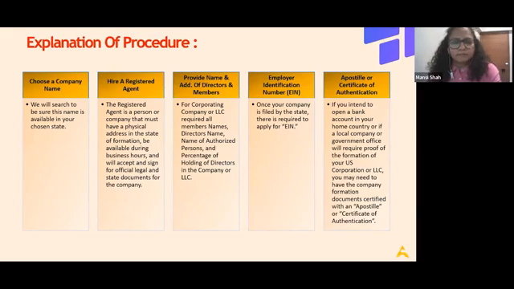Okay, a brief idea: choose the company name. This is again part of the process we are discussing, that we have to make sure the name is available with the state, because the only criterion to get started with state incorporation is whether the name is available or not. Then registered agent, director's names, employer ID number, the apostille copy, and then the opening of a bank account.